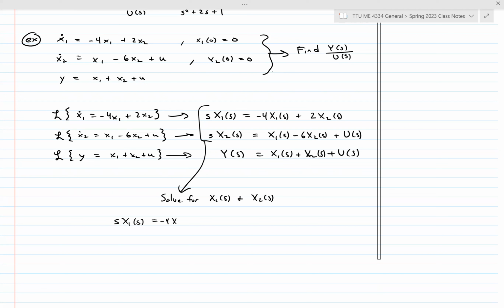And then we can solve for x1 in terms of x2. Obviously, there's a lot of ways to go about doing this, right? You could do a matrix inversion as well. But this is just how I want to go through it, just to keep it kind of basic. Then I have that second equation, s X2 of s is equal to x1, which I now know to be in terms of x2.